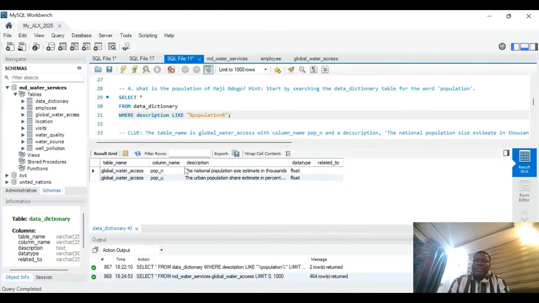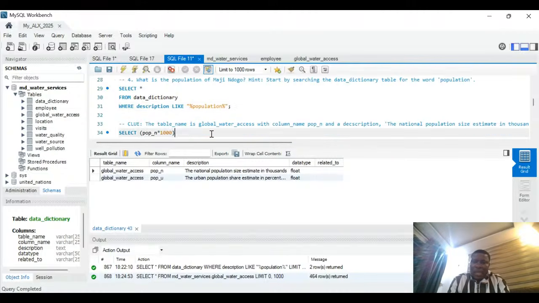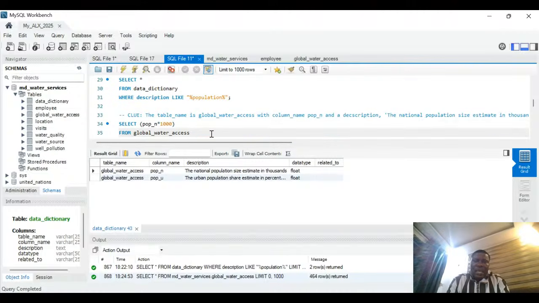So now we know that if we have to be querying any particular table in our database, MD Water Services, we should be querying the global water access. So we came down here, and then what we found is that they say it is expressed in thousands. It is actually expressed in thousands.